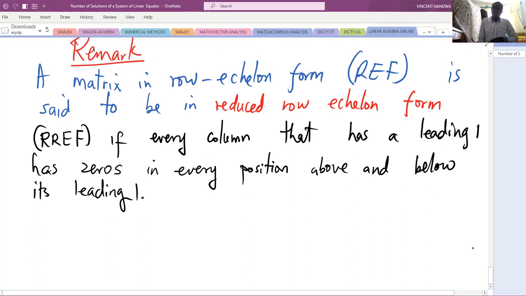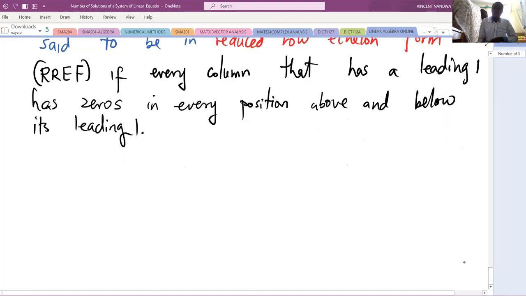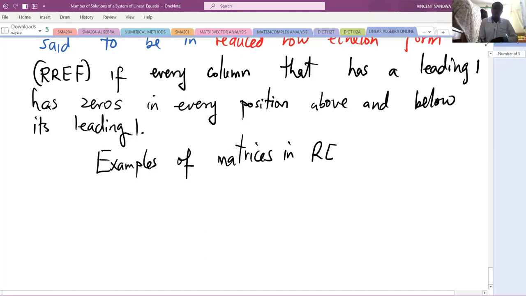So, examples of matrices in row echelon form.